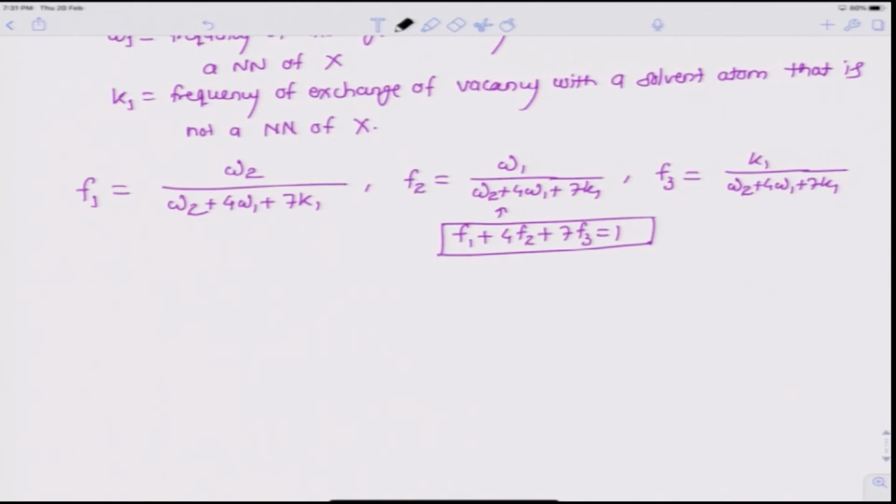To get the value of P n of S, we can write this as the probability that the vacancy after making n minus 1 jump comes to a site which is nearest neighbor of S times the probability that the vacancy on its nth jump exchanges with the atom on S.